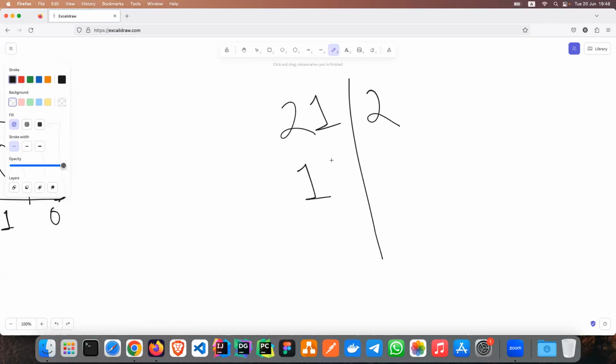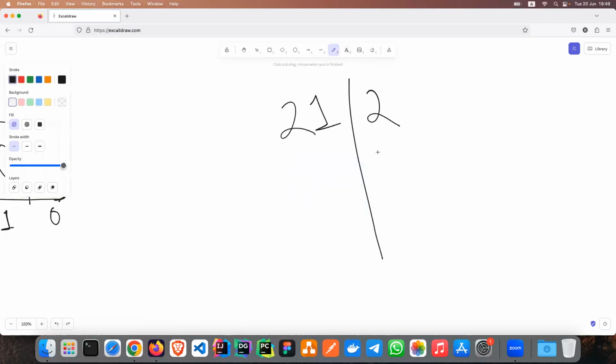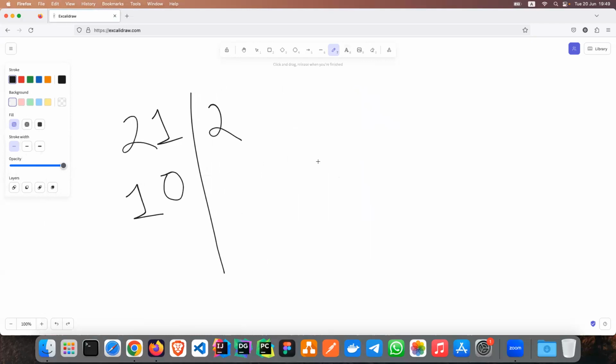What we are interested in are the remainders of the division, not the result. If I divide 21 by 2, I get 10, and the remainder here is 1.